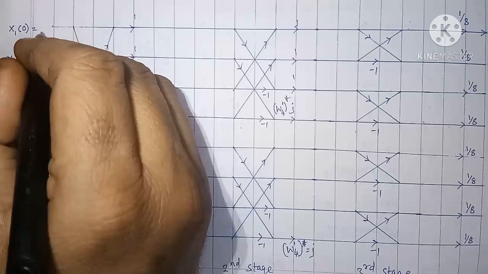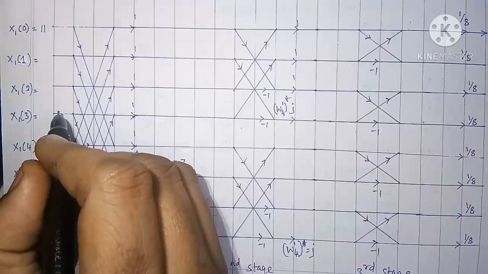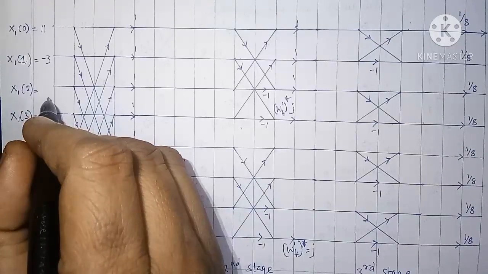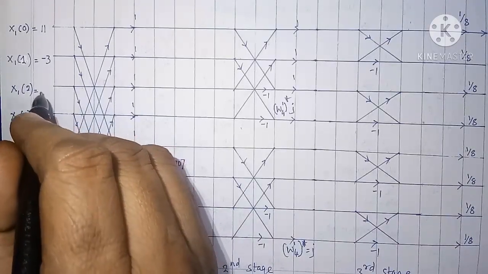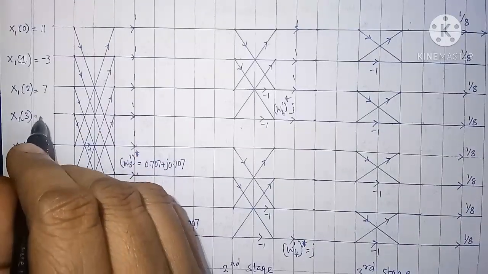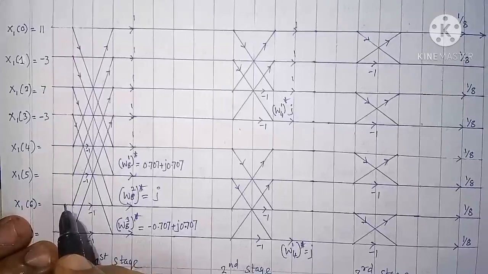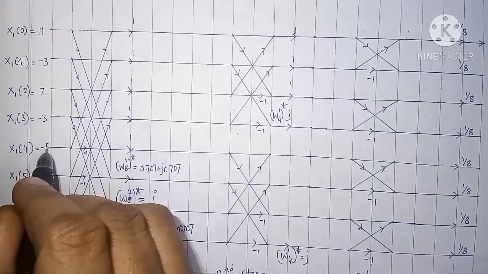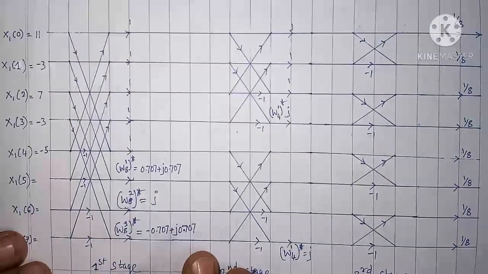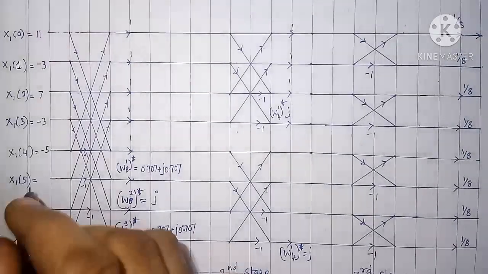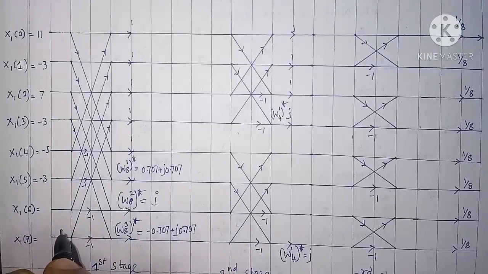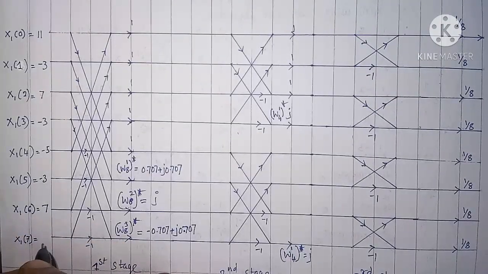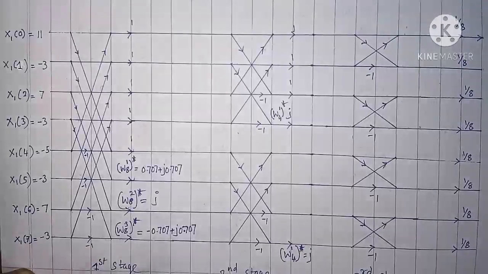X of 0 is 11, X of 1 is minus 3, X of 2 is 7, X of 3 is minus 3, X of 4 is minus 5, X of 5 is minus 3, X of 6 is 7, X of 7 is minus 3.